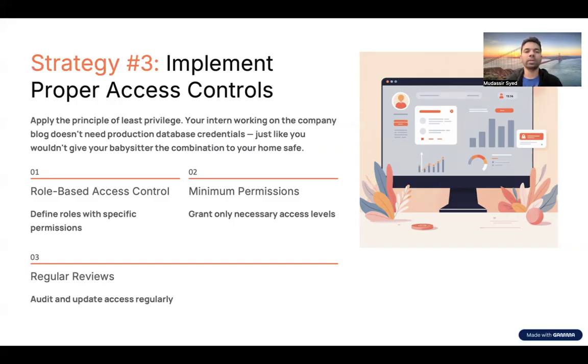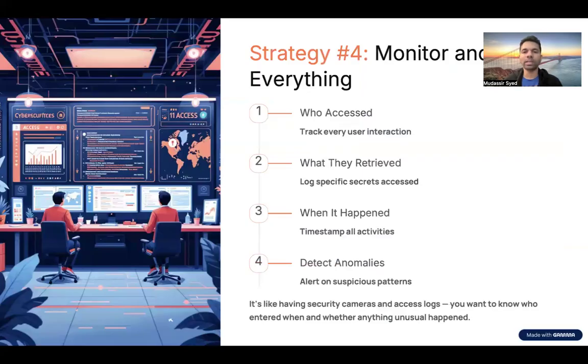critical. Now let's look at strategy number four, which is monitoring and alerting. Keeping a tab on who is accessing your secrets is really important, and what they have retrieved using your credentials, and when they did it, and if there are any anomalies that you see in those patterns is also something you want to track.